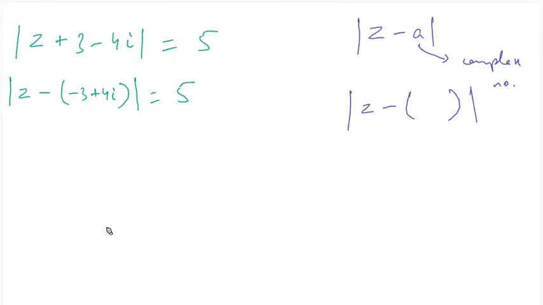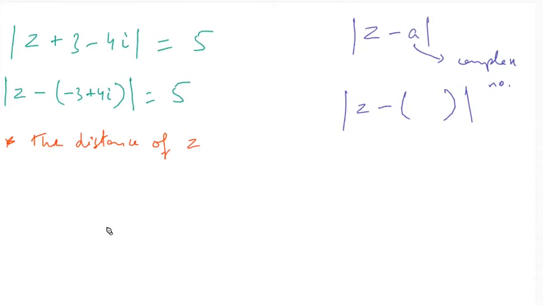This is always going to be important to convert in this standard notation. Z minus a. Now what this thing means is, let me write that here. What this thing means is the distance of z, that's our variable complex number, the distance of z from what?